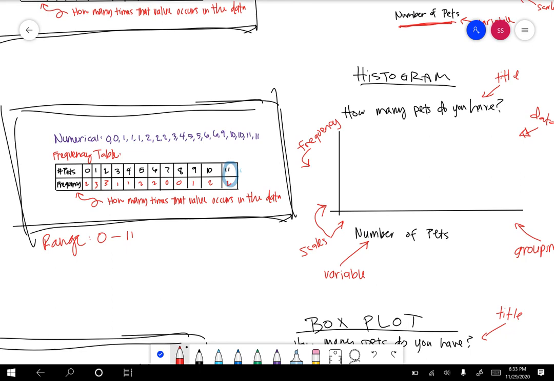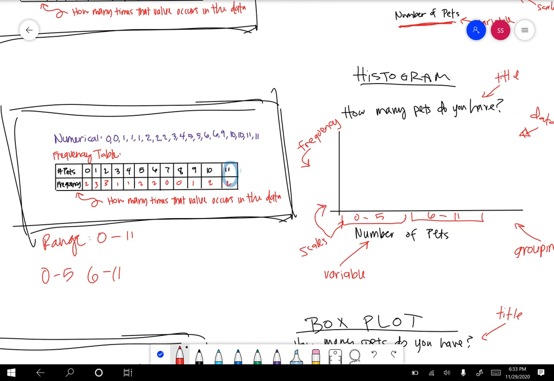So if you remember looking at that example I just showed you, the groupings were like 10 to 19, etc. So it's a lot of numbers. So if I were to split this up into, let's say, 0 to 5 and then 6 to 11, right? What would our histogram look like? So if I had this right here was 0 to 5 and this right here was 6 to 11.